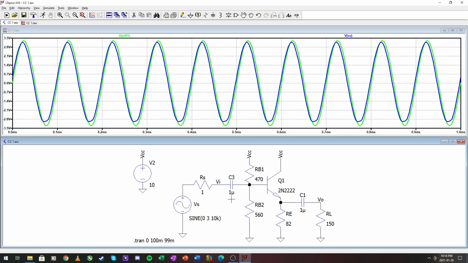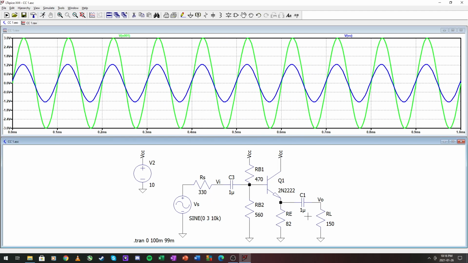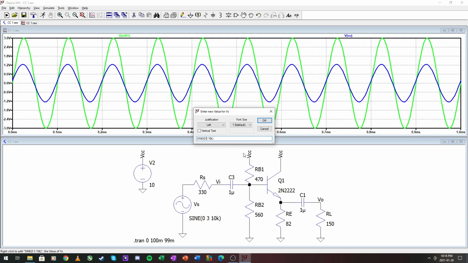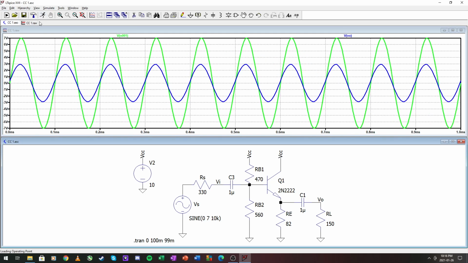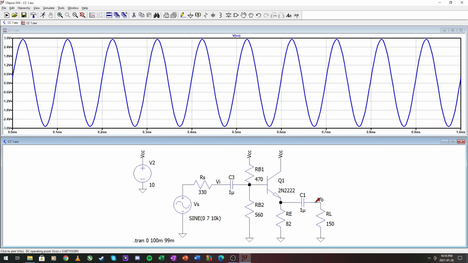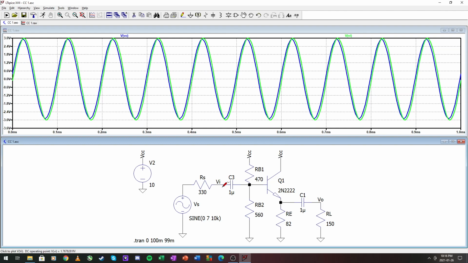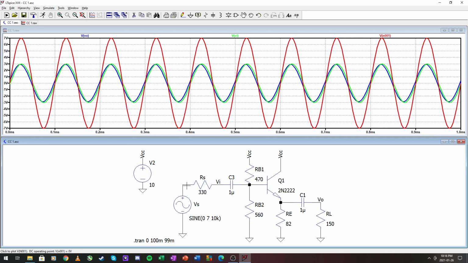And lastly, if we add our RS of 350 ohms, we can see that our input is quite large and our output decreases due to the voltage division. And if we take this to 7 volts peak, we will have our 3 volts peak out. Right, so this side and the output is the same, and that is quite large right there.